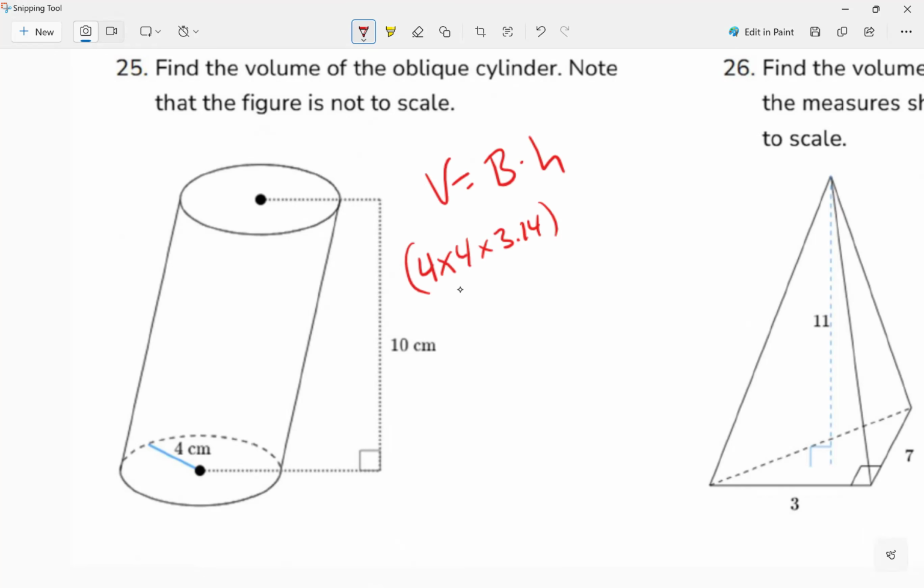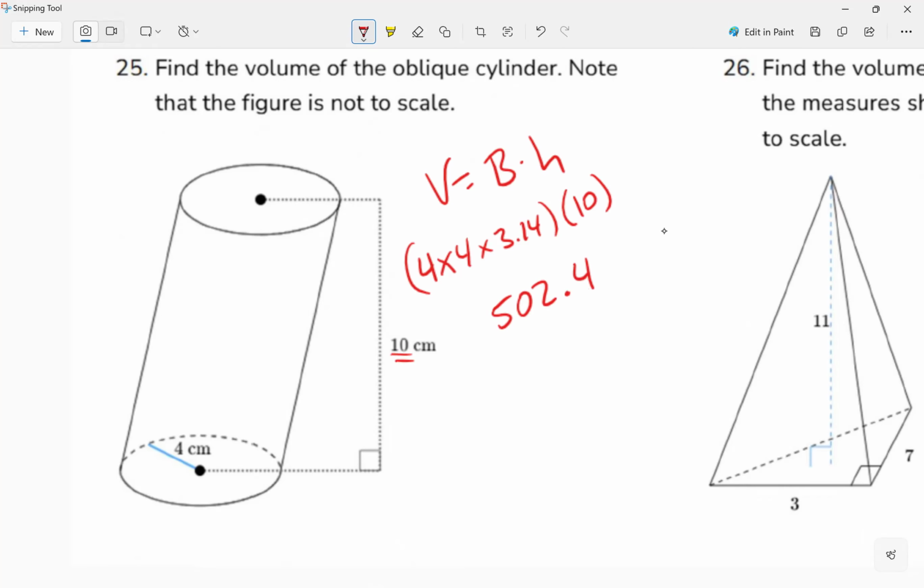I could use the pi symbol, but I'm just gonna go 3.14 this time. And whatever I get, I'm gonna multiply by the height, which in this case happens to be 10. So I'm gonna type in 4 times 4 times 3.14 times 10. And according to my calculator, I get 502.4.